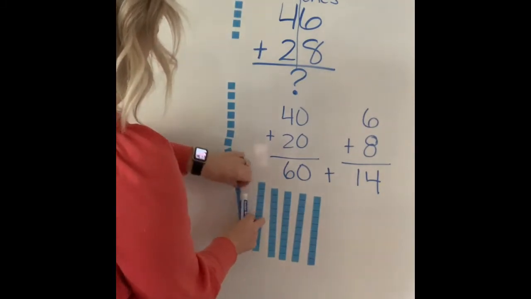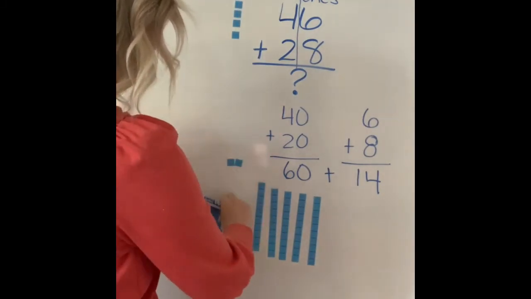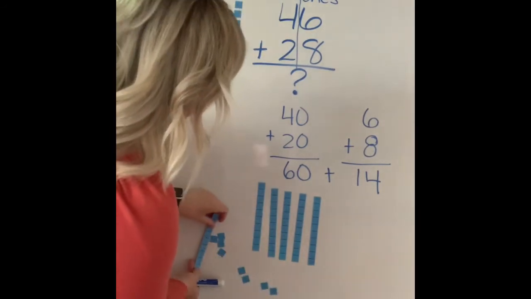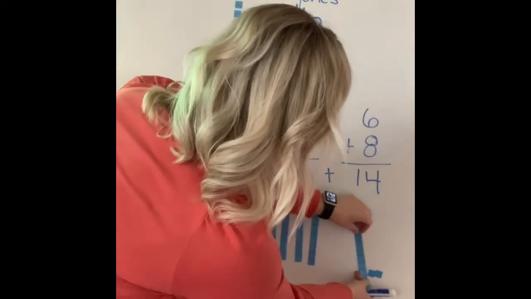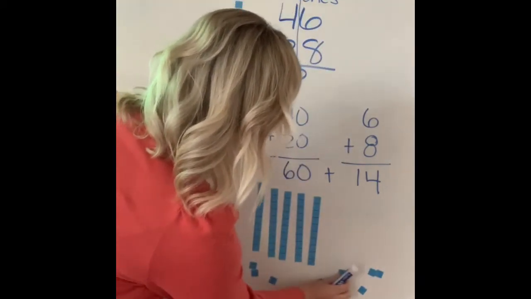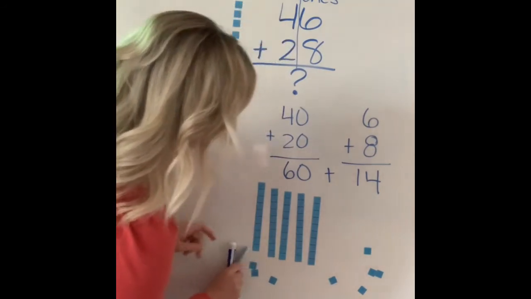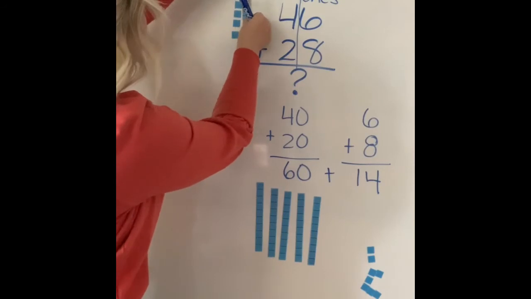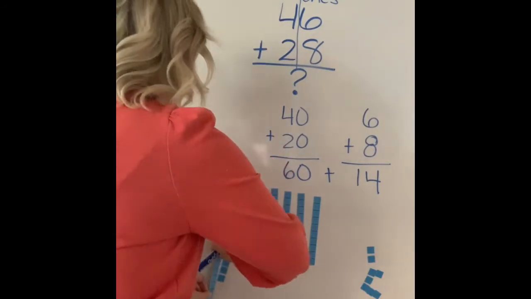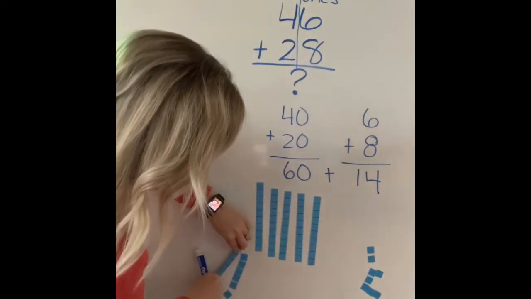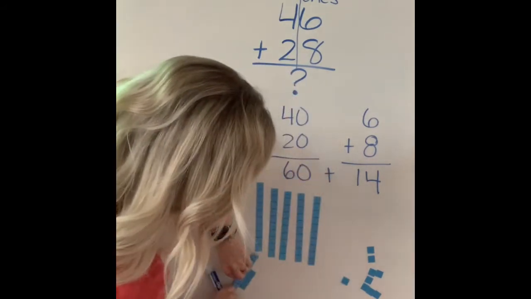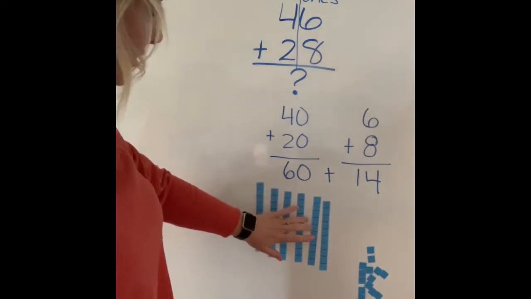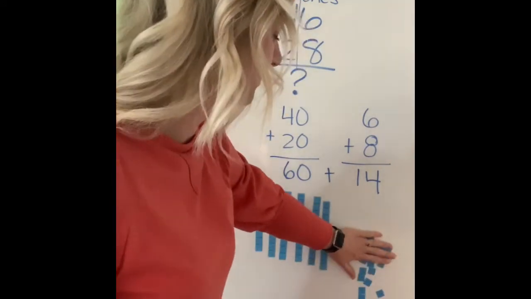60, and then all my 1s. I can move them down over there. And all these ones. So I have 60 here, 10, 20, 30, 40, 50, 60, and I have 14 here.